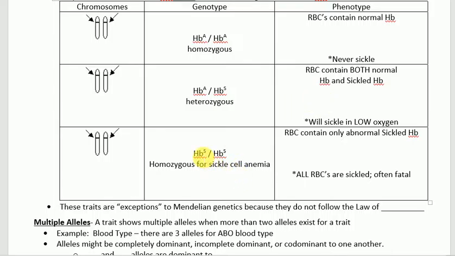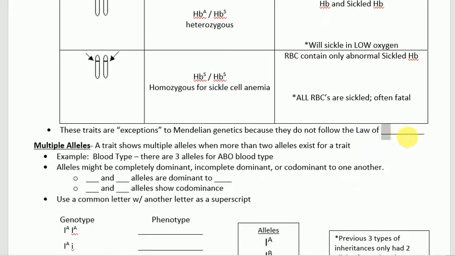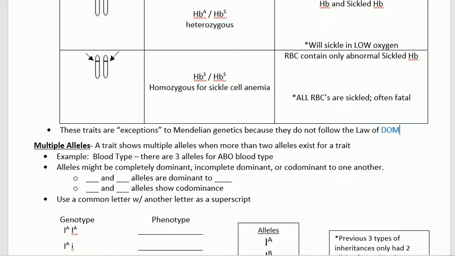Then we have hemoglobin S and hemoglobin S, so it's homozygous for that sickle cell. The red blood cells contain only the abnormal, and these are all sickled, and usually it's fatal. So these traits are exceptions to Mendelian genetics because they do not follow the law of dominance.